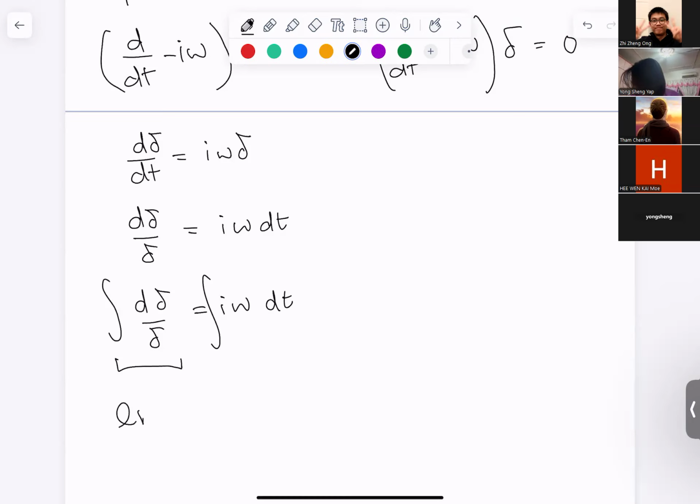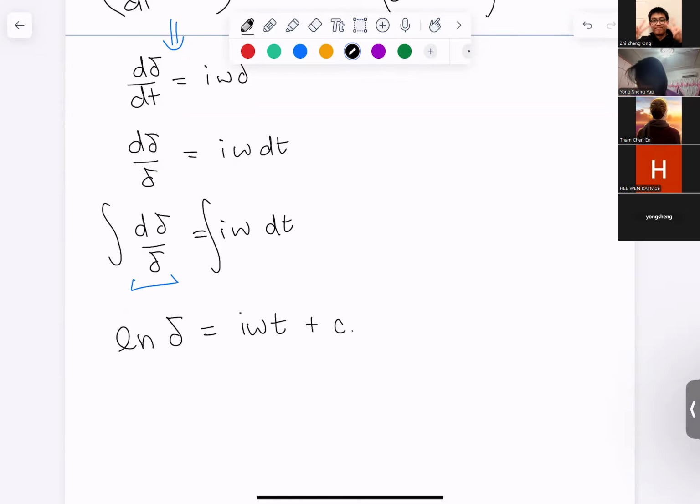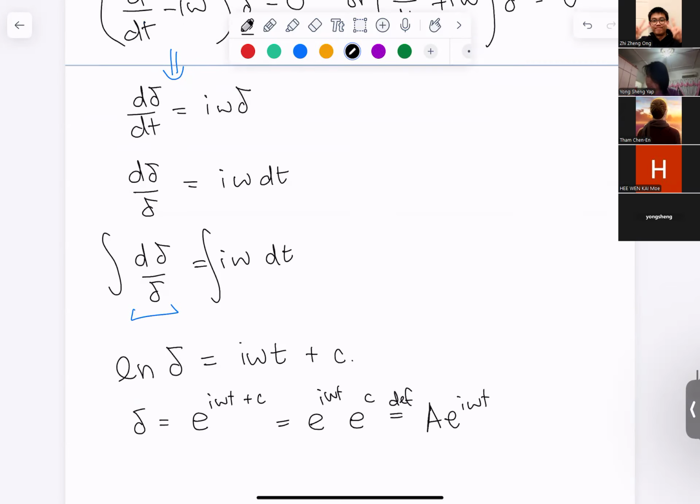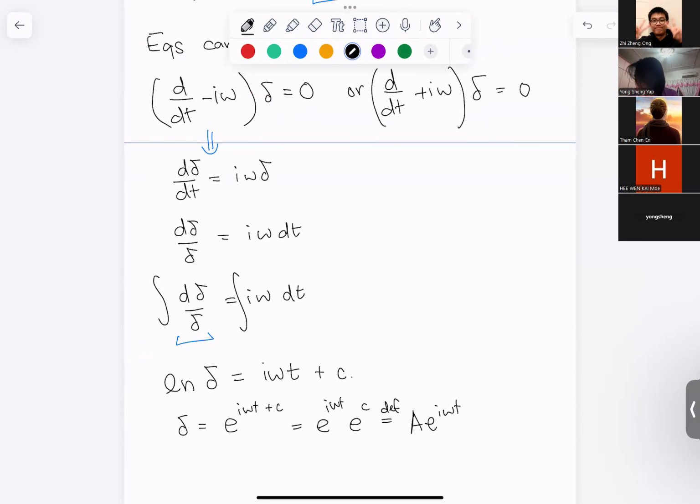Yes, it's basically ln of delta, the natural log of delta, is equal to i omega t plus a constant. Okay, or in other words, if you exponentiate this thing, you get delta is equal to exponential of i omega t plus c, or exponential i omega t times exponential c, or I can define it as a e to the i omega t.